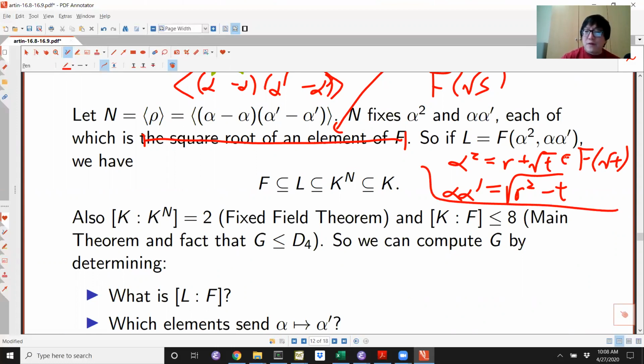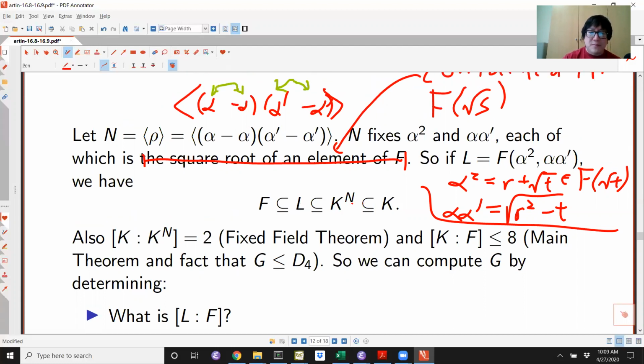Furthermore, let L be F adjoin alpha squared and alpha prime, and so we have the following tower of fields. N fixes alpha squared and alpha prime, and so N fixes L. So L is contained in the fixed field of N.